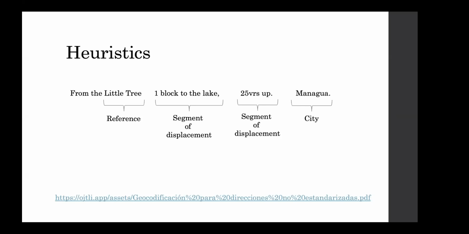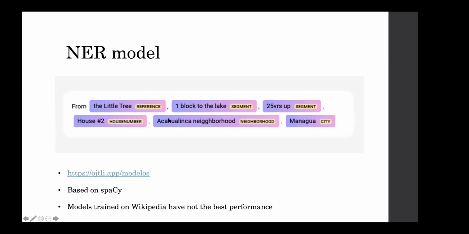So we developed our own machine learning model that will take the full address and then extract the entities from the address. It's just an implementation of the named entity recognition part of machine learning, and this is based on spaCy.